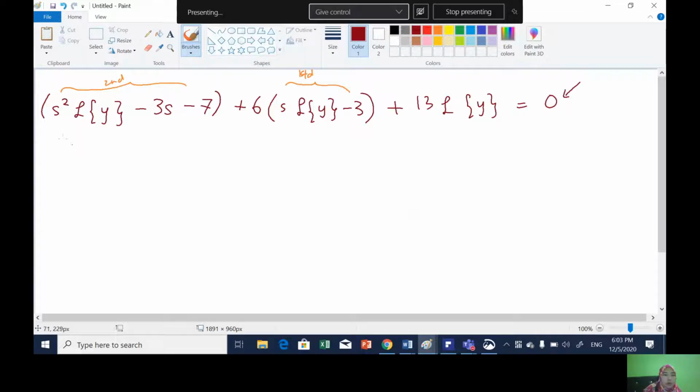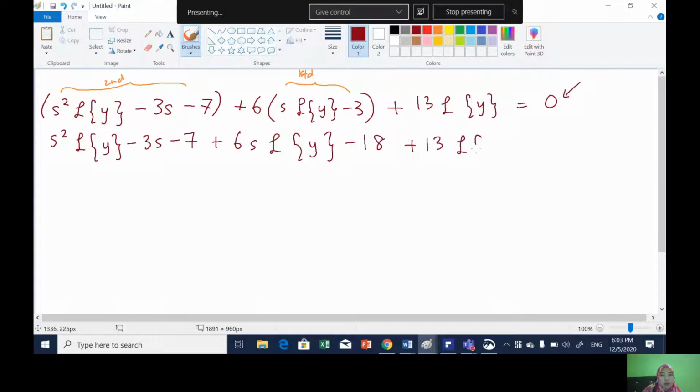So we open the brackets, then we have s squared L{y} minus 3s minus 7 plus 6s L{y} minus 18 plus 13 L{y} equal to 0.